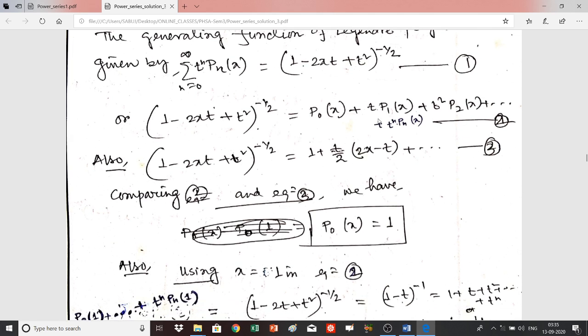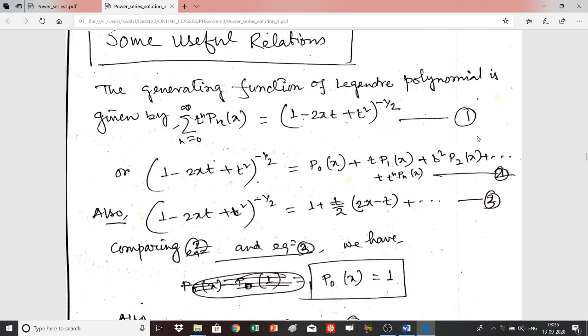Now comparing equation 2 and equation 3, what will we have? We will have the coefficient of t to the power 0. Here the coefficient of t to the power 0 is 1, and here the coefficient of t to the power 0 is P0(x).